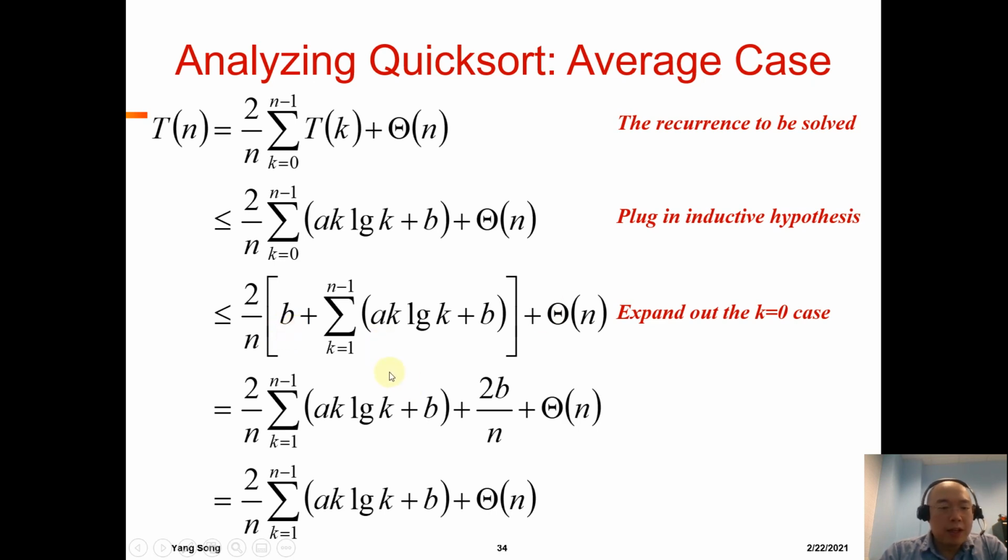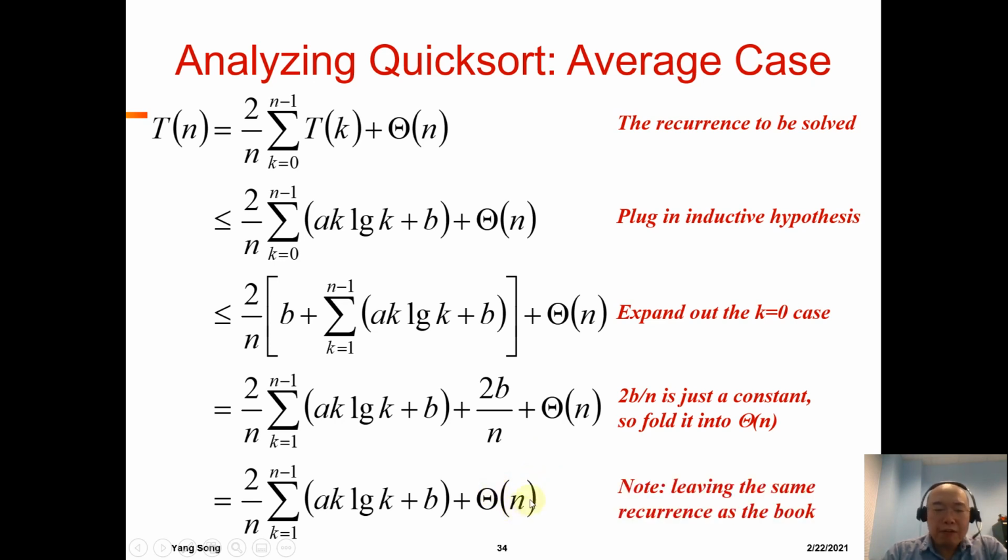Okay, and then what do we do in the next step? For the next step, we are taking this B out, and then this B will become this term. Okay, and then we got this part. And what in the next step? We find that this 2B divided by n is gone. Why? Because we have a theta n.